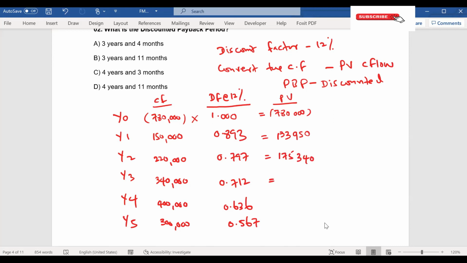Then 340,000 times 0.712, that will be 242,080. Then 400,000 times 0.636, that is 254,400.